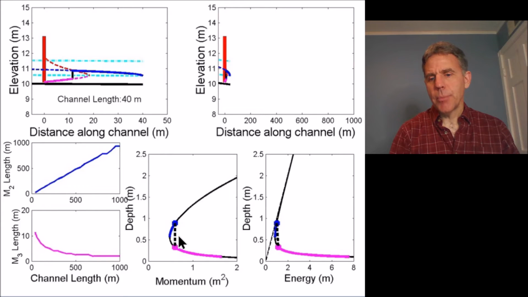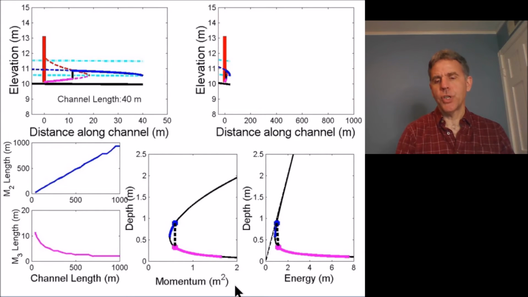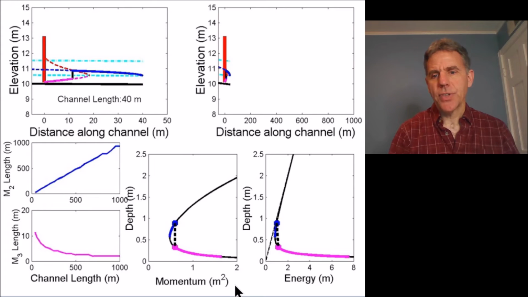And you can see, from both an MY and EY perspective, that the jump is from a less supercritical condition to a less subcritical condition. So we're basically approaching critical conditions as the free overfall nears. The overall length of the M3 curve is probably around 18, 19 meters from the looks of it.